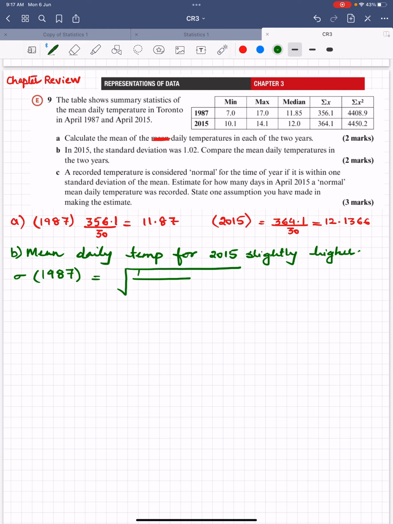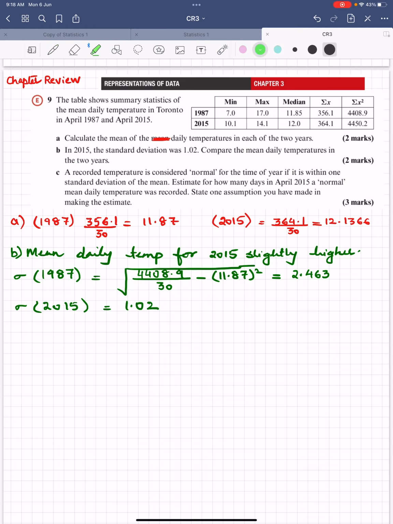So we have here 4408.9 divided by 30 and minus the mean, which is 11.87 squared. And when we calculate the standard deviation, we get 2.463.